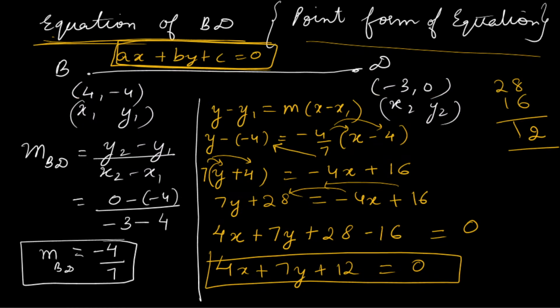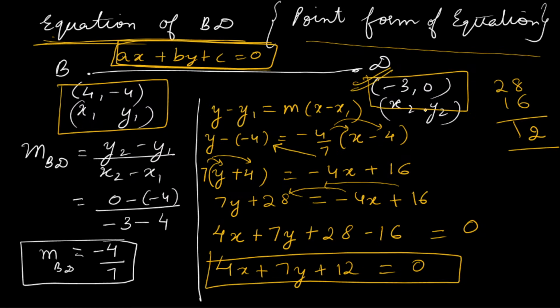But it's not compulsory to always use this point. If you know both the coordinates, and you use the other point's coordinates, which we have assumed as x2, y2, still your equation will be the same. So I hope it's clear. Because 0 is there in that one, it will be much easier.